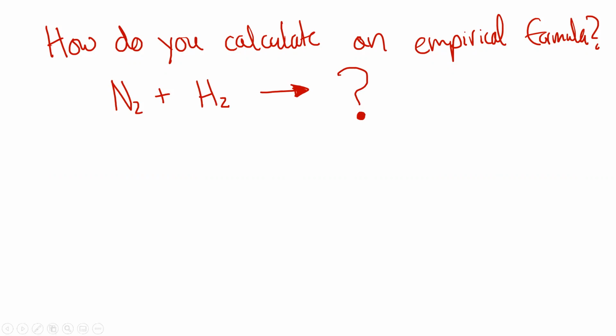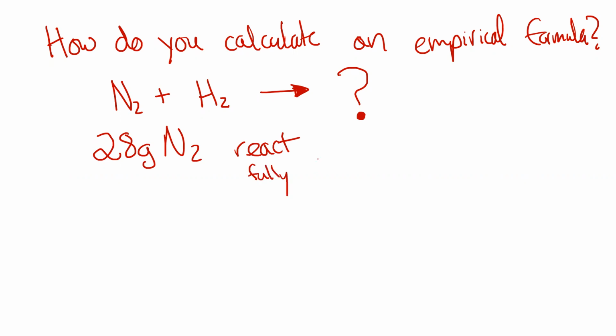We have no idea, and we happen to combine 28 grams of N2 to fully react. Now, this means to leave nothing behind. We managed to get 28 grams of N2 to react fully with 6 grams of H2. These are both gases.